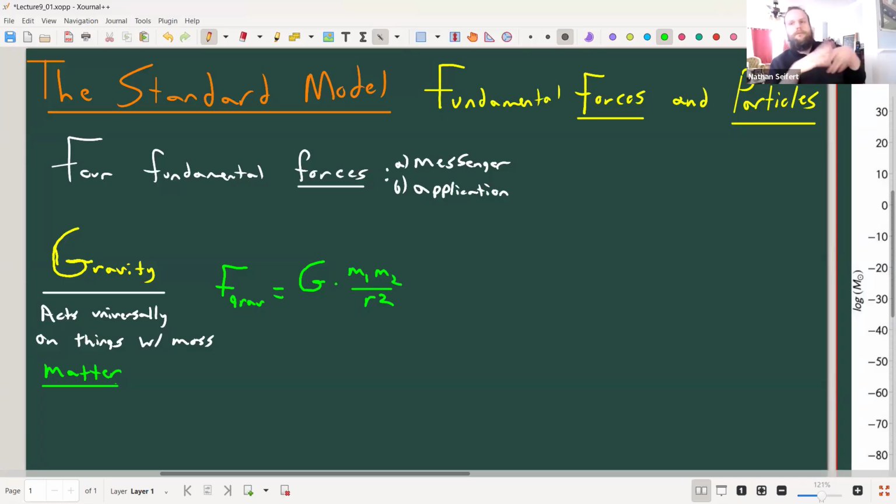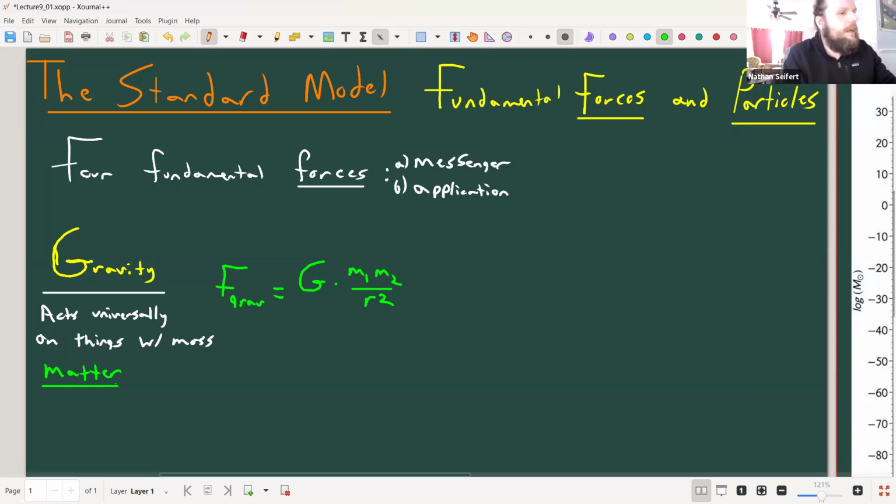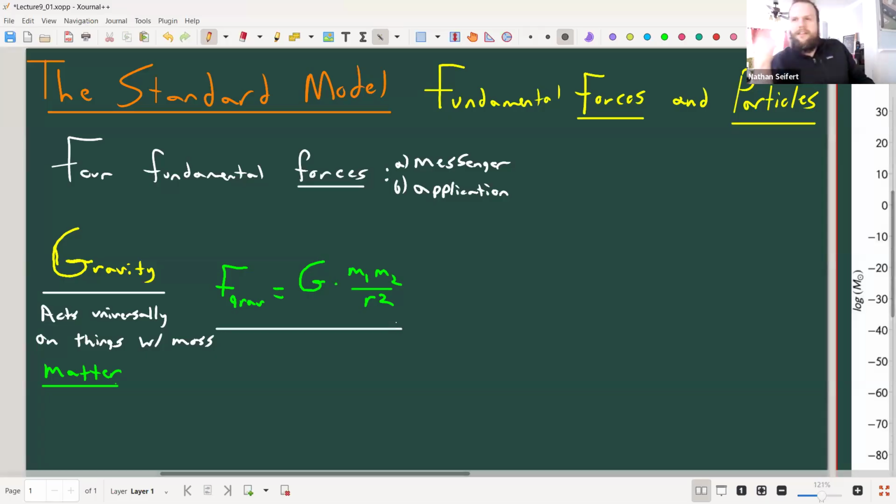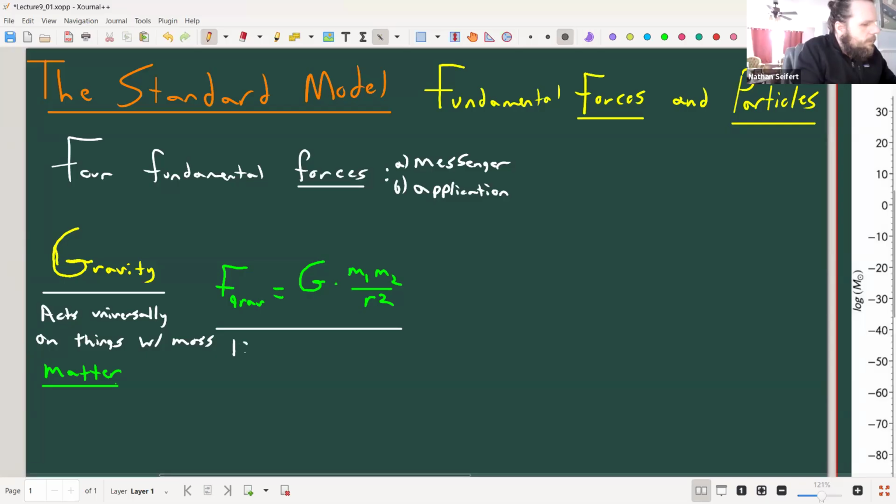This is Newton, we're talking 1700s here. Einstein comes along, and I don't have to go into the details of Einstein. I think the thing we learn about Einstein in elementary school is that energy is approximately equal to mc squared.